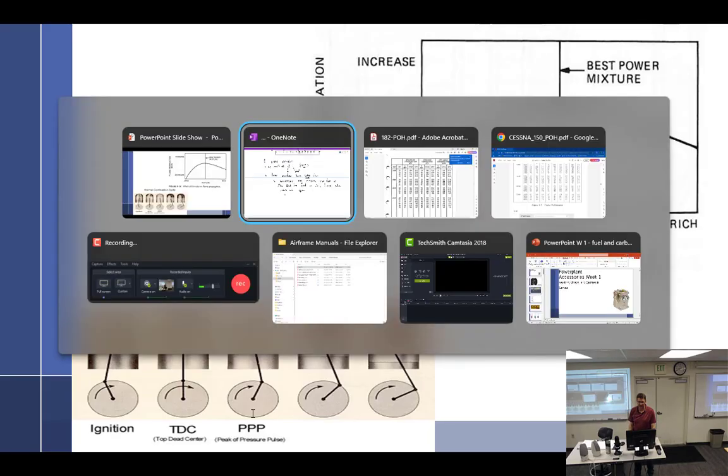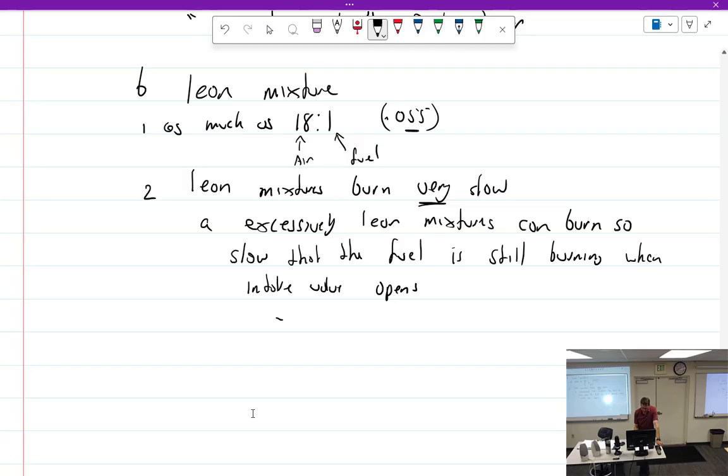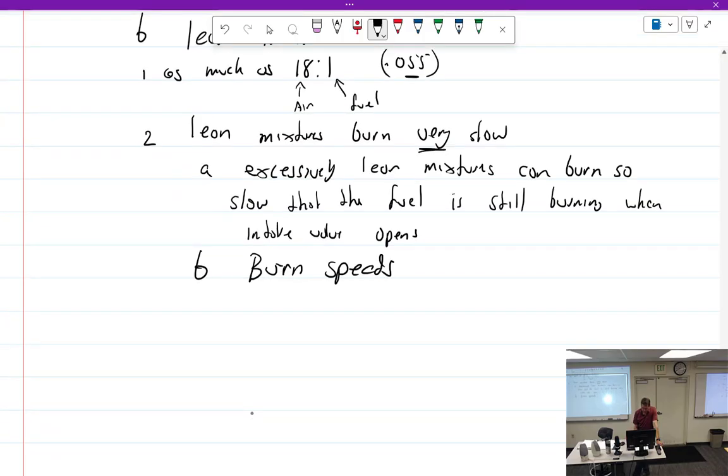Let me see. Burn speeds. We got that. A, B, burn speeds. Let's see.